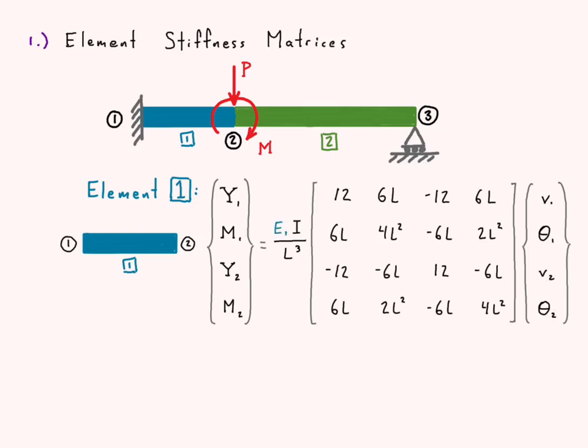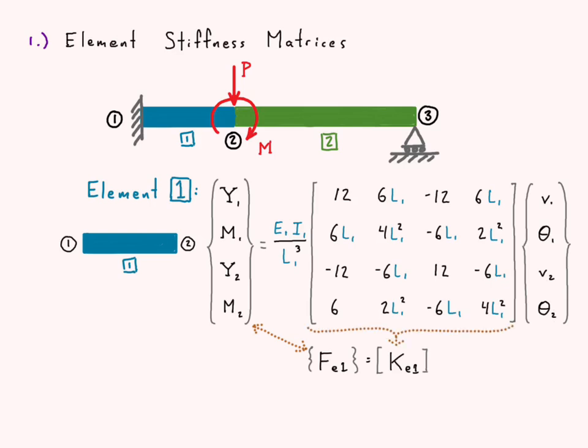We go ahead and substitute the elastic modulus for the elastic modulus we have at element 1. Same thing for our area moment of inertia. And once again, we do the same thing for our lengths. All right, and just for notation, there's our force vector for element 1, that's our stiffness matrix for element 1, and that's our displacement vector for element 1.